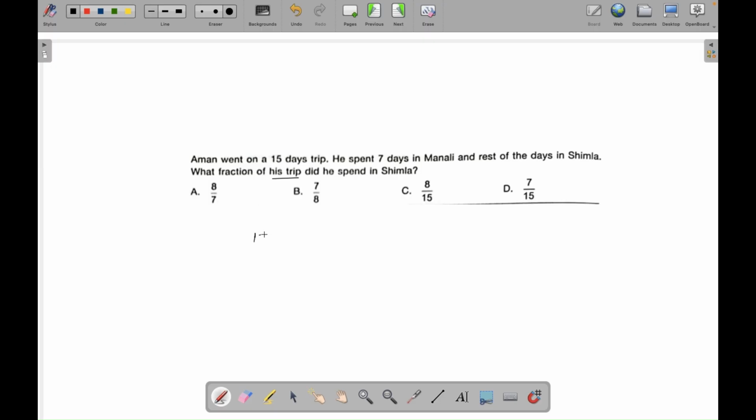So 15 is the denominator. The numerator would be the number we are interested in. So what is the number that we are interested in? It is the number of days that he spent in Shimla. Right, if he spends 7 days in Manali, then the remaining 8 days, which is 15 minus 7, he will be spending in Shimla. So the answer would be 8 by 15, okay, which is C.